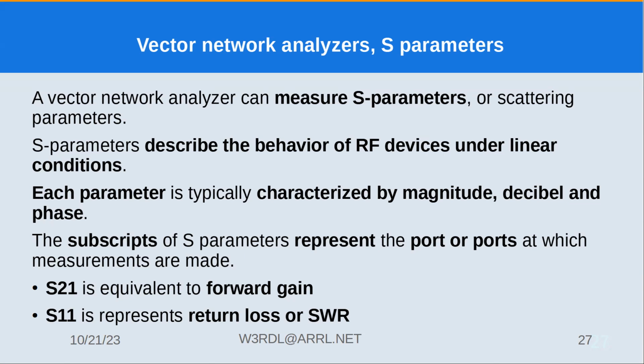And the way they're defined is like S21 means it's what's coming out of port 2 compared to what's going in on port 1. So that would give you the gain or loss through a 2-port network. So your signal from the analyzer is going in port 1, you're measuring what's coming out of port 2.